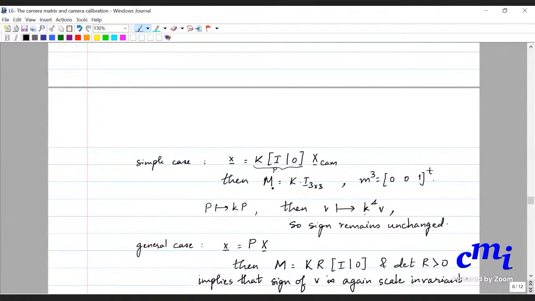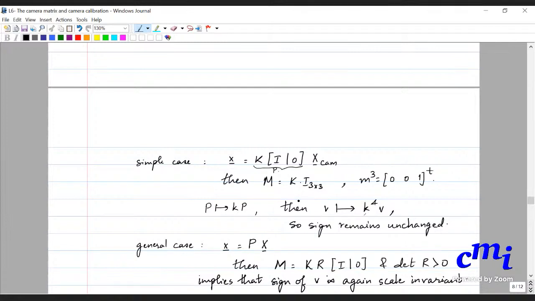In this case, your M is going to be K times I 3 by 3, and so the third row M3 transpose is (0, 0, 1), so M3 is (0, 0, 1) transpose.